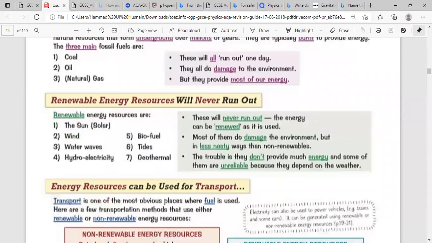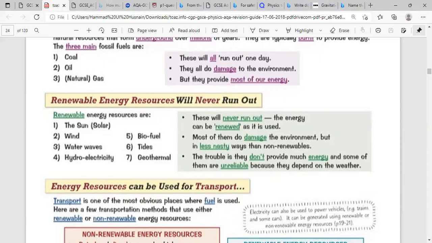Most of them do damage the environment, but in less nasty ways than non-renewable energy resources. All these renewable energy sources still damage the environment, but a bit less as compared to non-renewable energy resources.